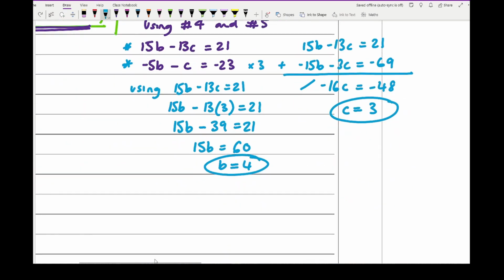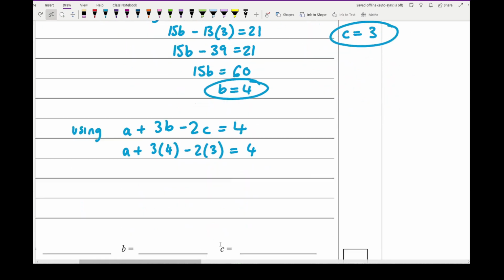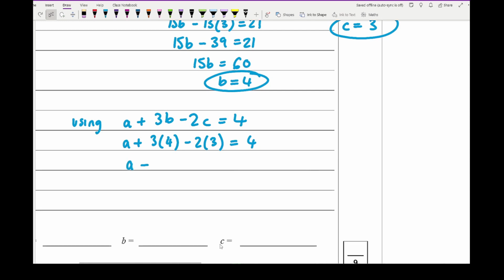And then now that I've got my b and c values, I can just work out what a is. So if I pick one of the equations, I'll go for the top original equation. So using a plus 3b minus 2c equals 4, we've got a plus 3 lots of 4 minus 2 lots of 3 equals 4, in which we end up with a plus 12 minus 6 equals 4. a plus 6 equals 4, so a equals minus 2.